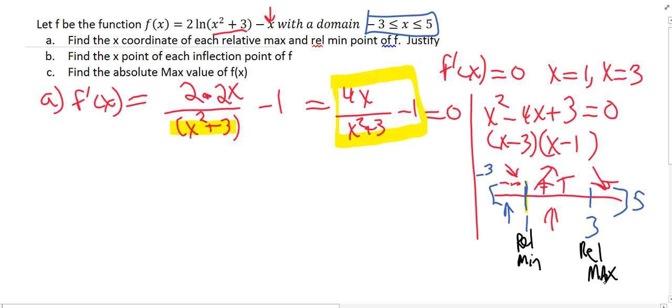The justification written out would be: a relative min occurs at x equals 1 because the sign of the derivative changes from negative to positive at x equals 1, and the derivative equals 0 at x equals 1. And the opposite of that would be true for the relative max justification.